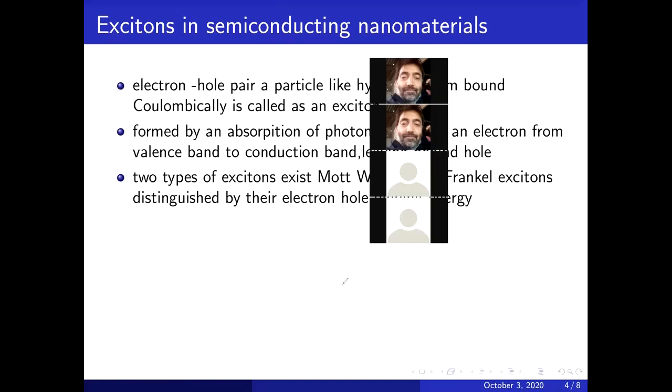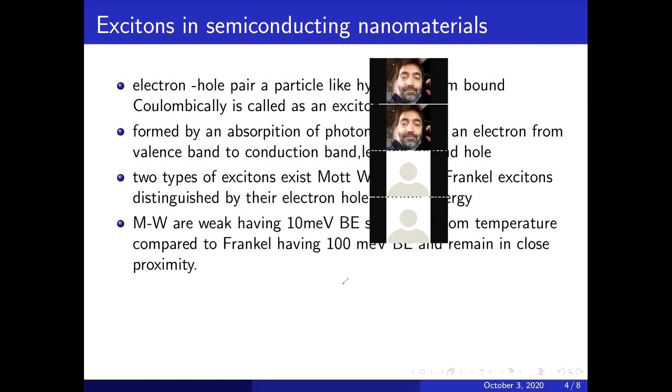How is it going to make a difference? For example, this is mentioned here, the Mott-Wannier exciton, which is weakly bound, has a binding energy of just 10 milli electron volt, while the Frenkel exciton is bound by 100 milli electron volt.